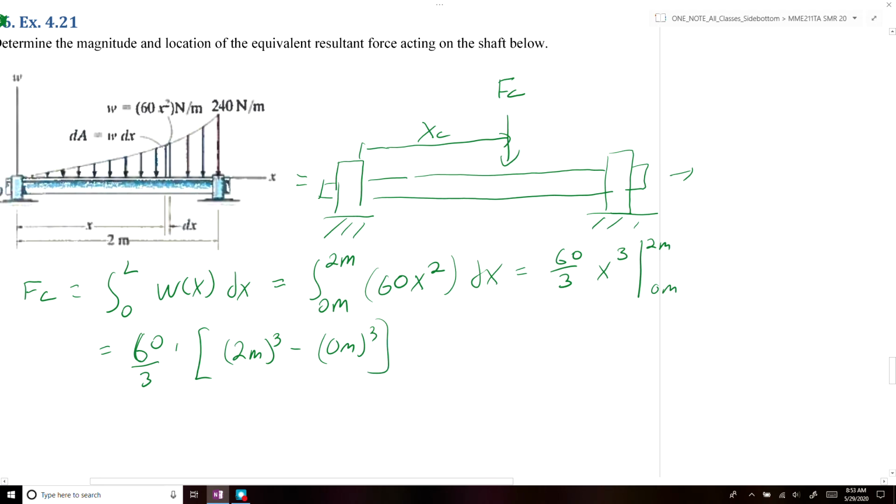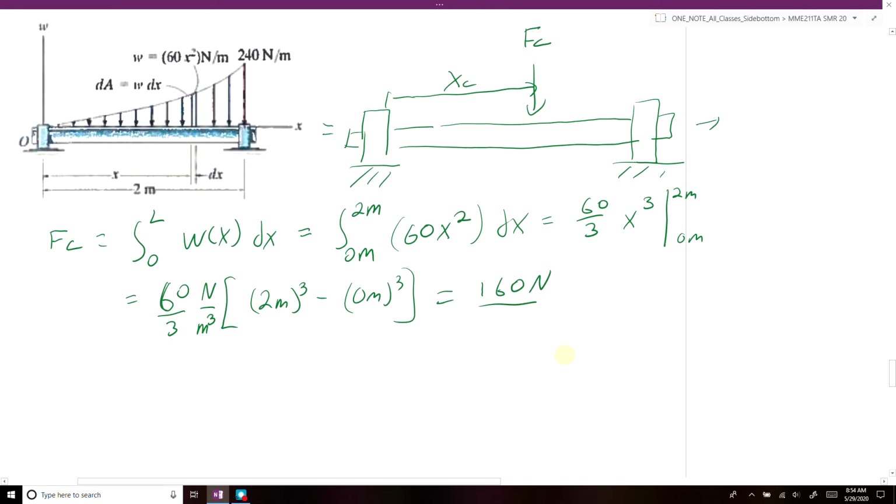The units of this will be newtons per meter cubed here. What we end up getting is 8 times 60, which is 480, divided by 3, which gives us 160 newtons.